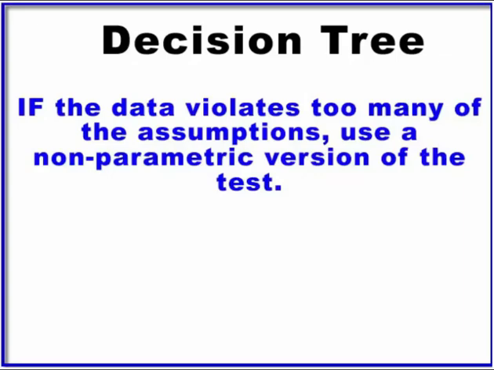Some general information. If your data violates too many of the assumptions, you should probably use the non-parametric version of the test. That's not always true, but it has been my practice, and I've done literally thousands of these. It rarely matters which way you want to go with a parametric or non-parametric version when it comes to the results. So, example, if you had a significant difference in your ANOVA, but the data violated the homogeneity of variance and normality, you would switch to the non-parametric version of the ANOVA, probably the Kruskal-Wallis test.